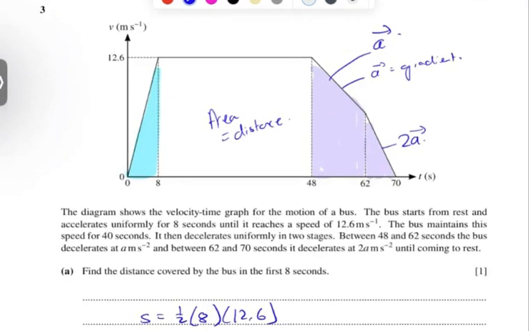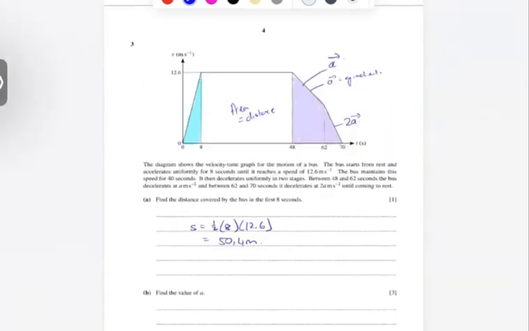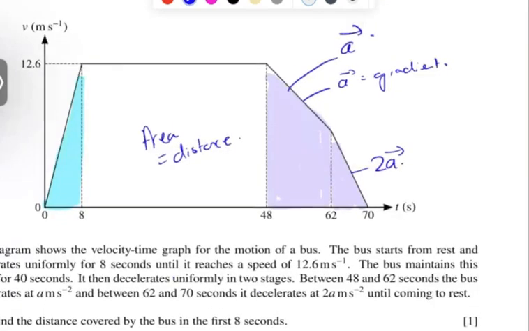Okay, let's have a think about this. What are we going to do? The bus goes forward and then it travels at a constant velocity, so it's traveling at 12.6. I'm just going to write up formulas here. I'm not 100% sure where this is going, but let me just show you. I'm only going to work with the principles as to what I've got. So that's A and that's 2A.